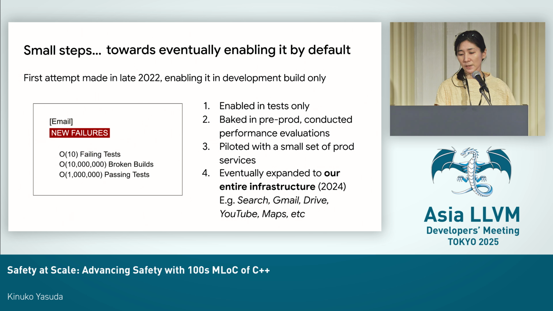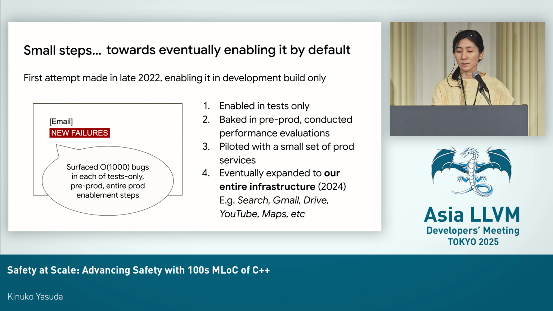So we eventually expanded this to our entire infrastructure to enable it across our critical services, like Search, YouTube, Maps, etc. Each step revealed hundreds of new bugs, thousands actually. And the team needed to continuously monitor production crashes for more than 3 months to fix them all.